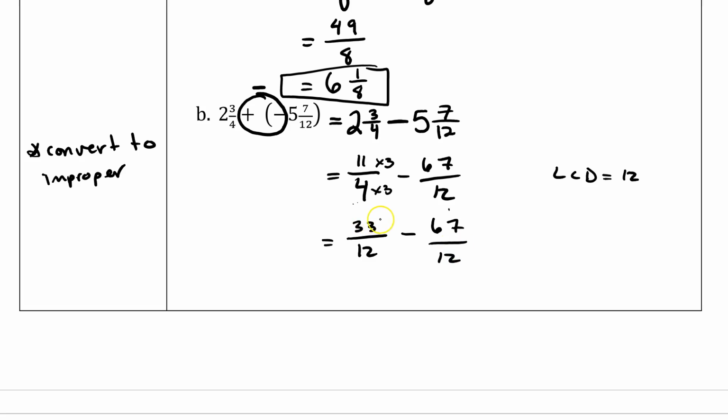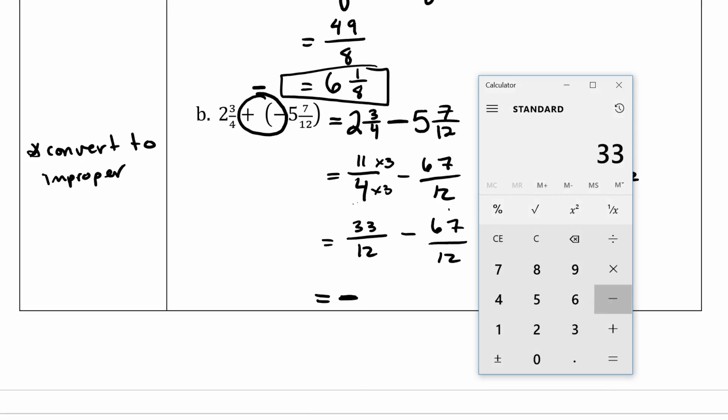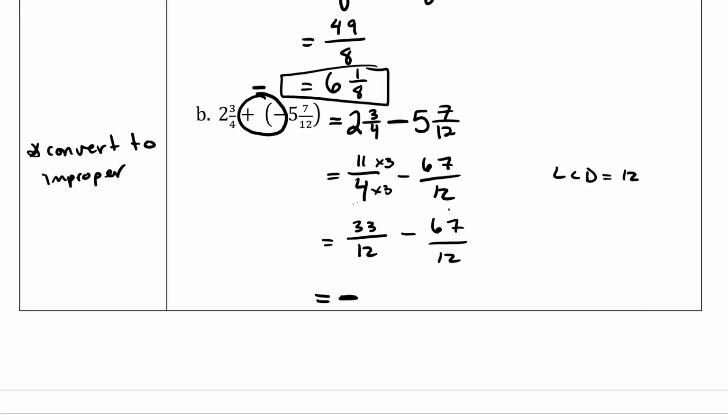Looking at this, 33 minus 67. 33, which is the positive number, is smaller than the 67, which is being subtracted. So I know that my answer is going to be negative, so I'm just going to set that up. But let's see how negative. 33 minus 67 equals negative 34. So negative 34 over 12.